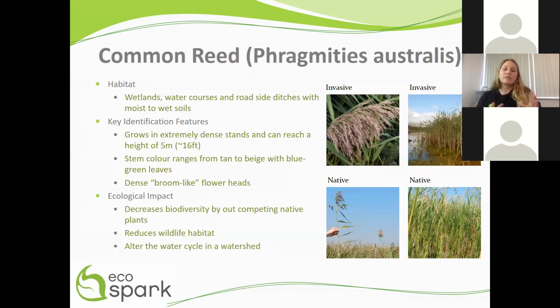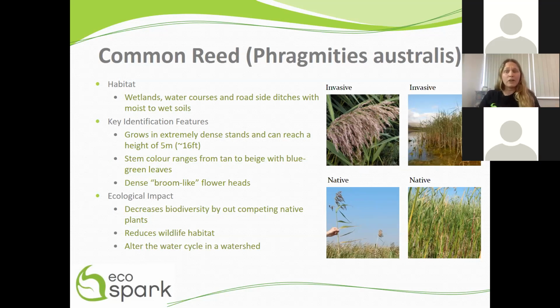The stem ranges from beige to a tan color with blue-green leaves, and they have very dense seed heads that, as you can see at the top there, look like a broom head. In comparison, the flowering head of the native species is a lot less dense. The leaves are more of a yellowish green color, and the stems take on more of a reddish brown color.